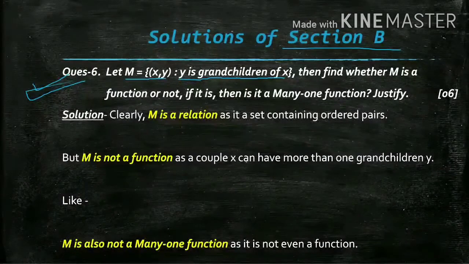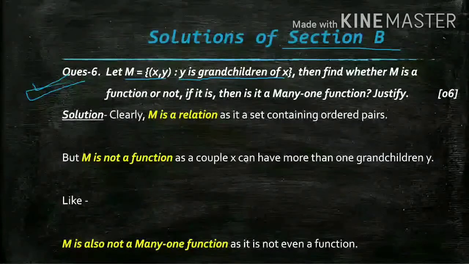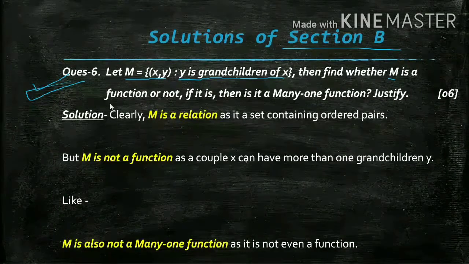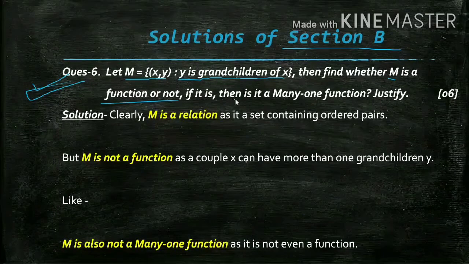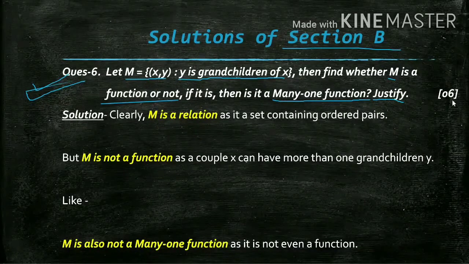Y is grandchild of x means you can say that x is the grandfather of y. Also, it can be written like that. Then you need to find whether it is a function or not. And if it is a function, then is it a many one function? And you need to justify your answer. It's a 6 marks question.